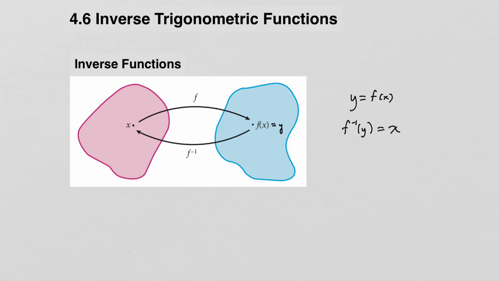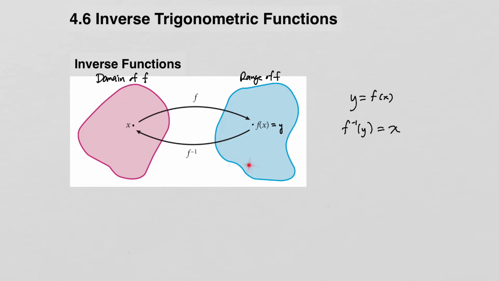A couple of important notes to make is that in this diagram here, this first set is what we would call the domain of the function f, and the second set is what we would call the range of the function f. So again, the function takes values in this set and assigns them to values in this set. The inverse function does the opposite.